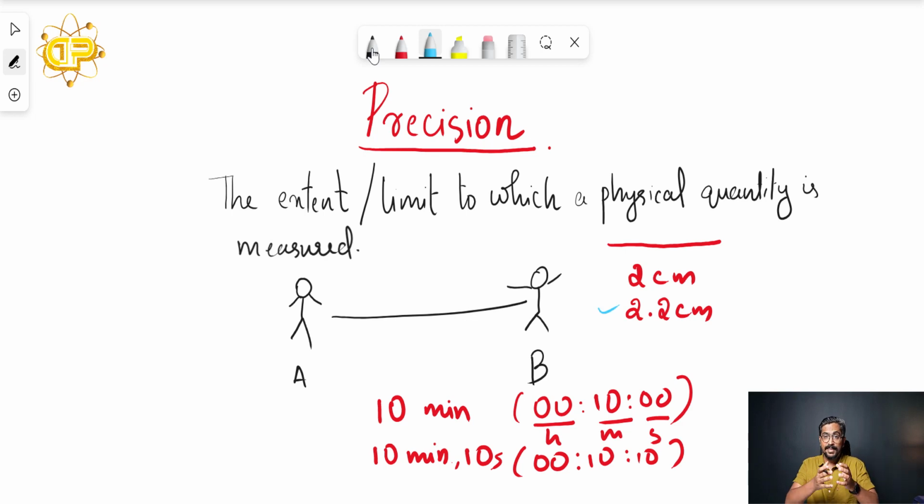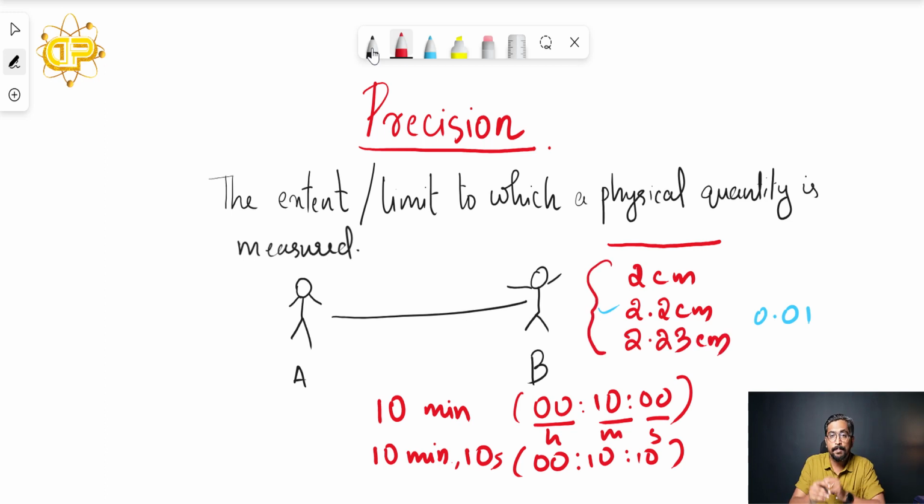If another person is putting in some more precision, or using a better instrument which has high resolution, high resolving power, say a resolving power of 0.01, then he is saying that this particular line is 2.23 centimeters. Here you can say they are approximately equal. With your naked eyes, you can say everything is equal, 2 or 2.2 or 2.23. All the three are equal.